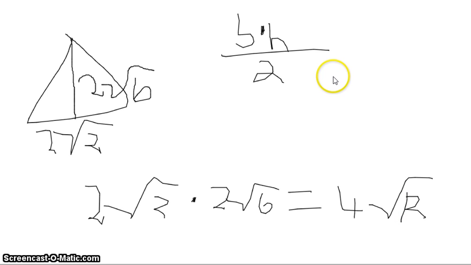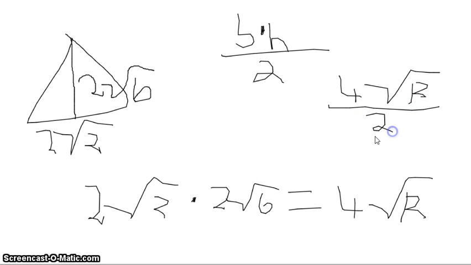And then you divide 4 radical 12 by 2, and you get 2 radical 6.